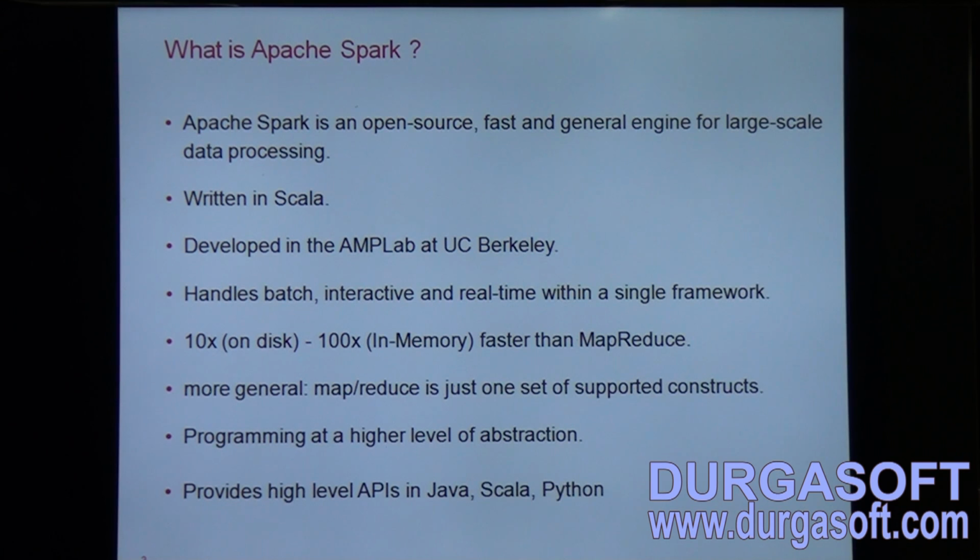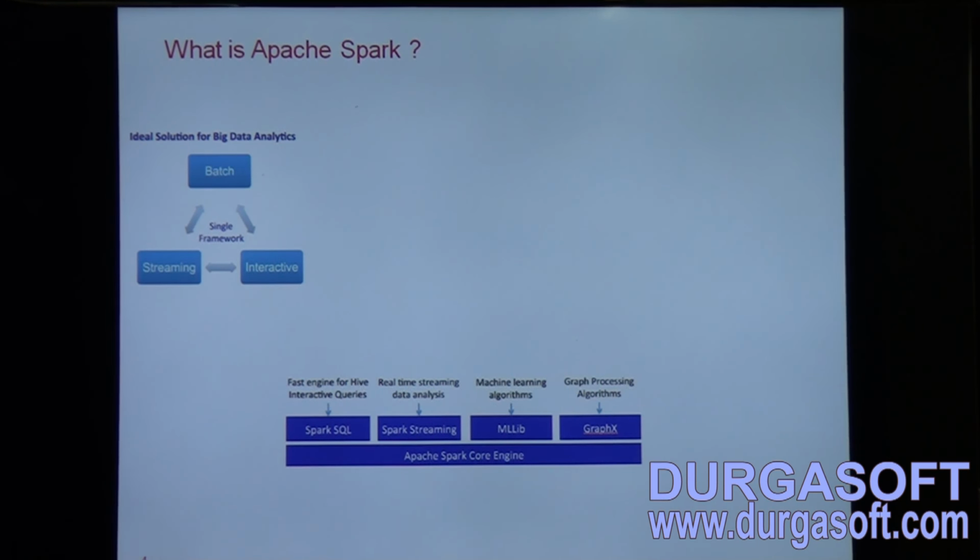The way we interact with Spark is that most things are predefined, so we use them and then customize our code. It provides Java API, Python API, Scala API, everything is there.